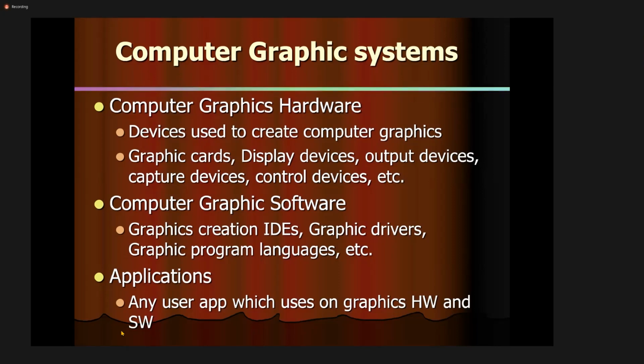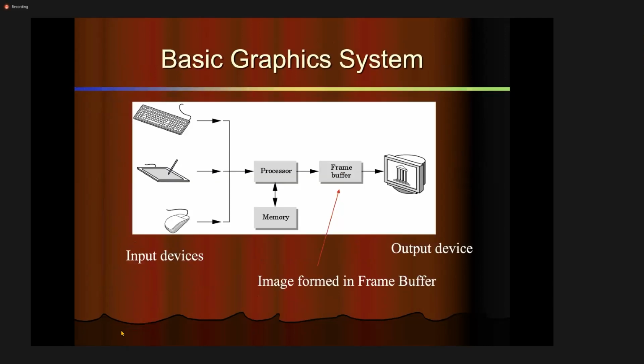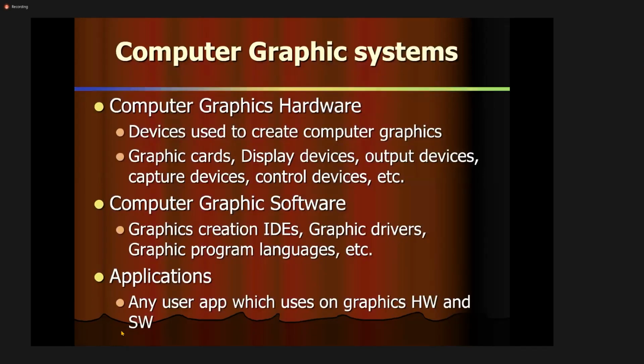When you come to the computer graphics software, those are the calculating elements. Most of the time, creation of computer graphic elements and the data for the display and the storing, all these things are done by the software. That includes computer graphic drivers and programming languages. Apart from that, you have computer graphic applications: any application which uses graphic hardware and software we call applications.